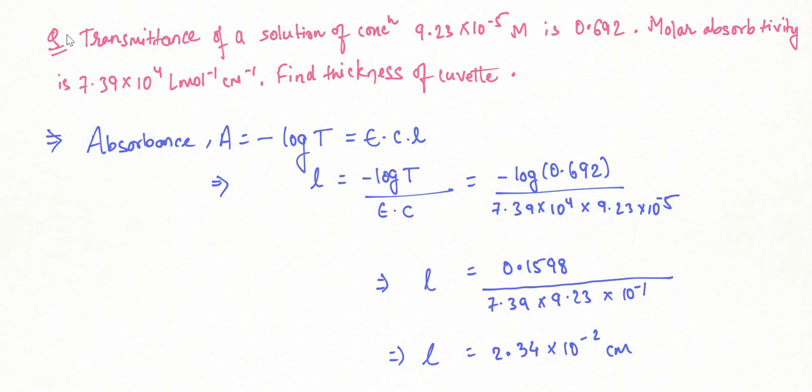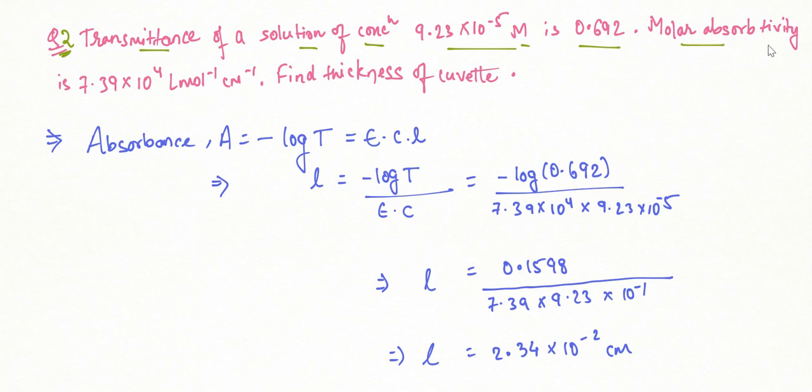Now let us see another question, question number 2, on the same Lambert Beer law. The transmittance of a solution of this molar concentration is 0.692. So the concentration of the solution is given and the transmittance is given. It is not percentage transmittance, it is just transmittance.